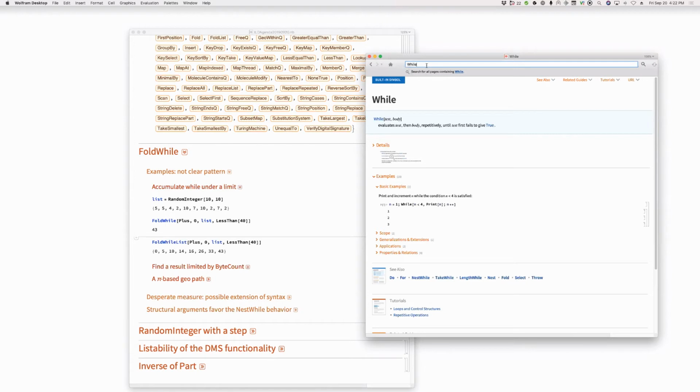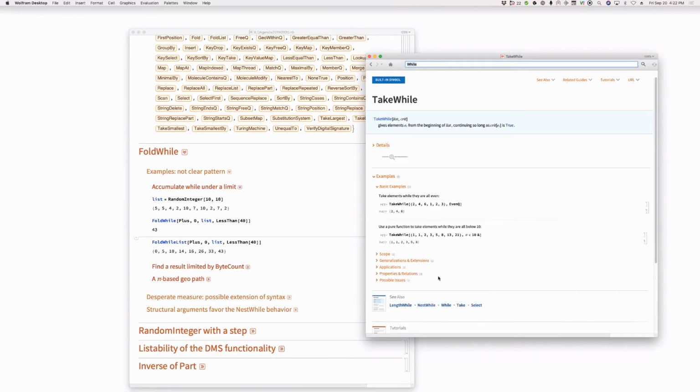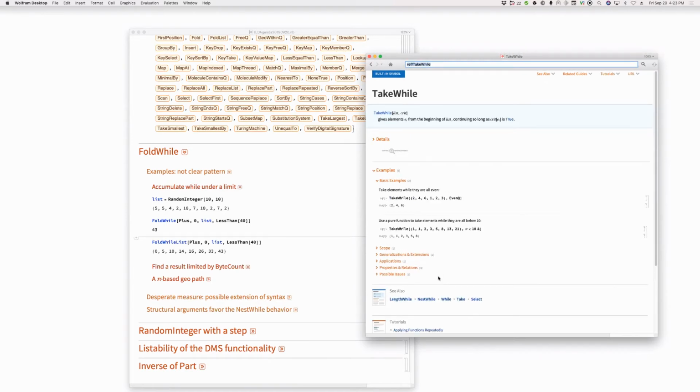By the way, the typesetting of this is really sucky. And what does TakeWhile do? TakeWhile returns only the successful cases. And that's one of the problems, that the precedent of TakeWhile is the opposite of the precedent of NestWhile.